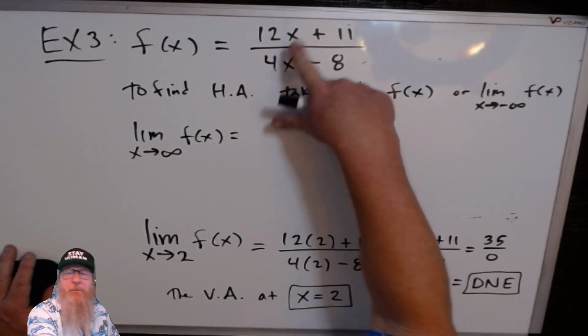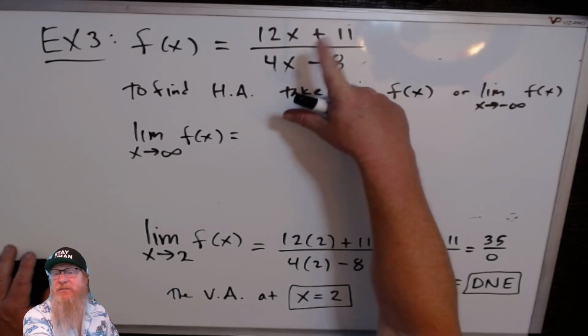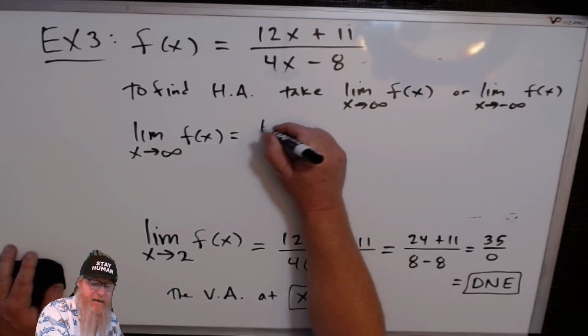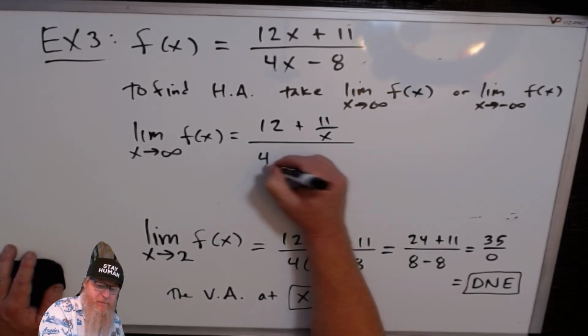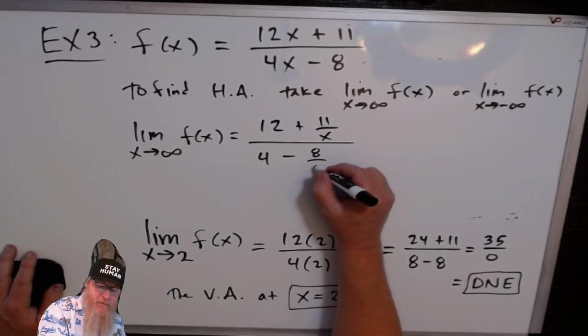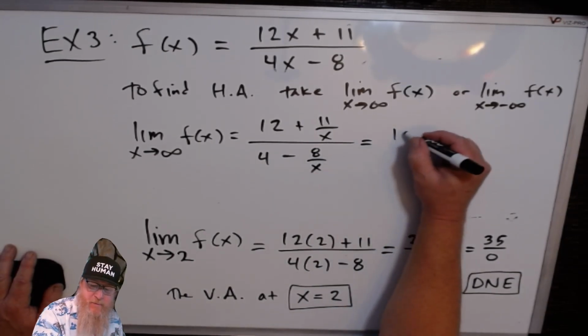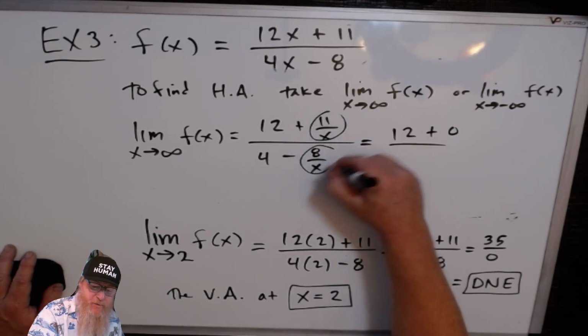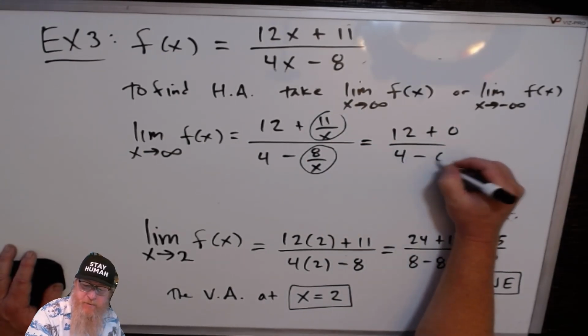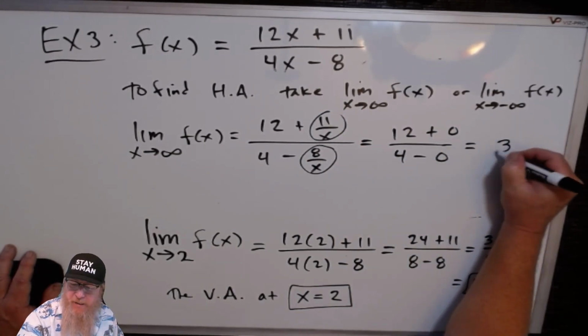This one, they're both linear, the first degree, so we're just going to divide everybody by x. Both of these fractions go to 0. And I wonder if you're noticing a pattern.